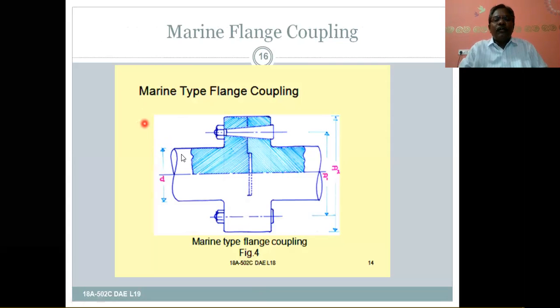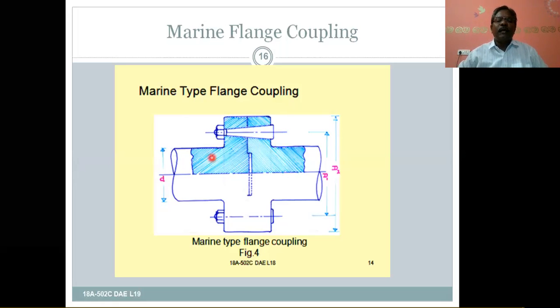So the marine flange coupling, in ships we are going to use this type of coupling for marine applications. And whereas in the previous case there is a hub, in this case directly the ends of the shafts are made into projected flanges.